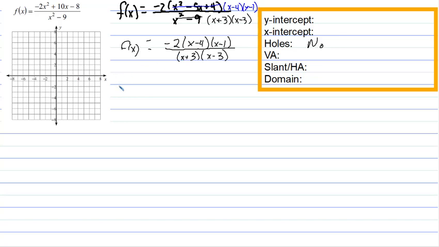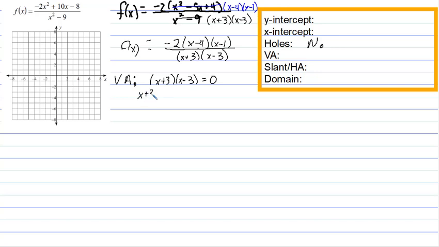So my vertical asymptotes come from setting my denominator equal to 0. So my denominator was x plus 3, x minus 3. And so for that to be 0, one of those two products needs to be 0.